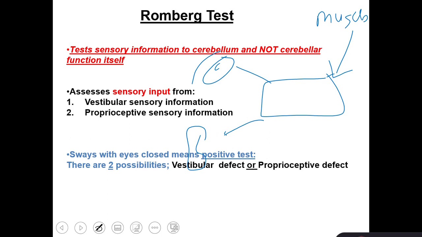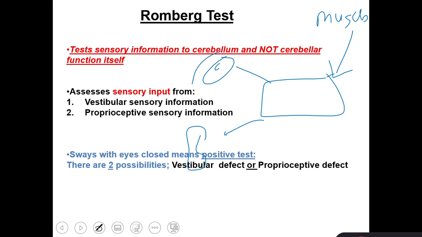However, the cerebellum is able to receive inputs from only two sources to be able to do its job. So suppose somebody is coming to the clinic and you are suspecting that there might be a problem in the inputs going to the cerebellum.